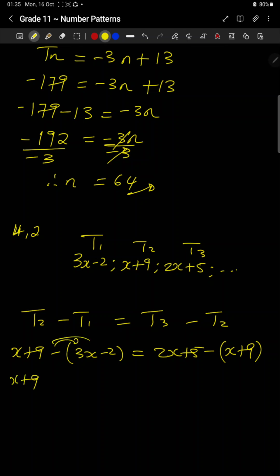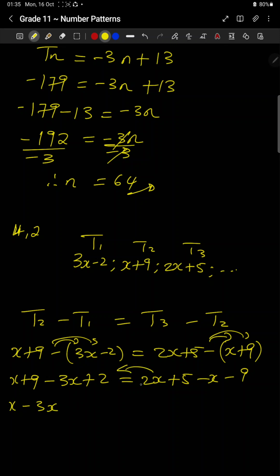We open these brackets with a negative sign, so it becomes plus 2, and then minus 9. Now we collect like terms: x minus 3x, and we transpose to become negative 2x. On this side we've got 5 minus 9, and we transpose the 2 and the 9, so they become minus.